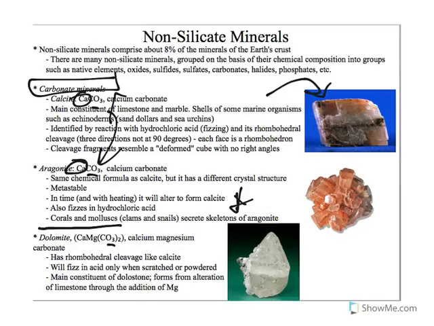So once the animal dies, it actually reverts to calcite. So aragonite is what we see in living organisms, and it turns into calcite after the organism dies. And then the third most common non-silicate mineral is dolomite, which you can see what makes it different is it has magnesium in there.